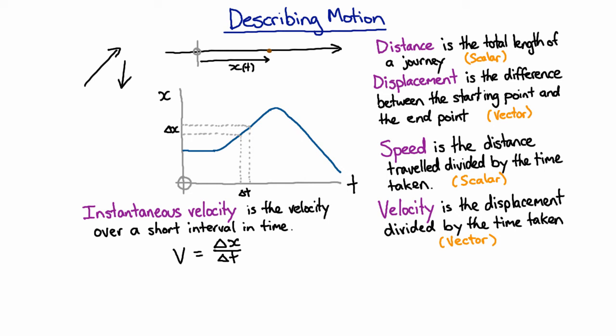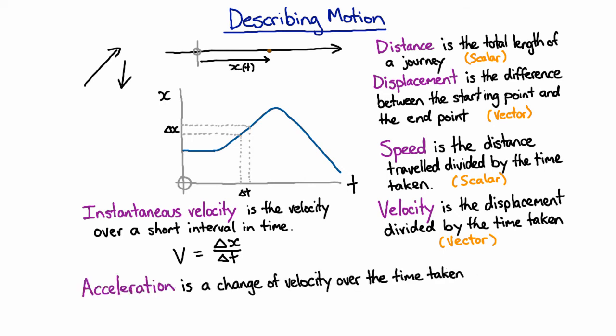Now the situation where the velocity is changing is where there's an acceleration. And just as the velocity is the rate of change of displacement, the acceleration is the rate of change of velocity. Now, acceleration doesn't have a scalar version because by the time you're talking acceleration, you're normally talking to a physicist, in which case you're normally talking about the vector quantity first time.